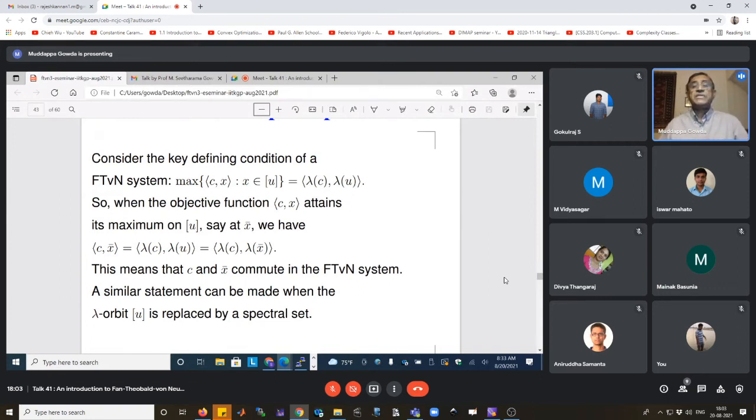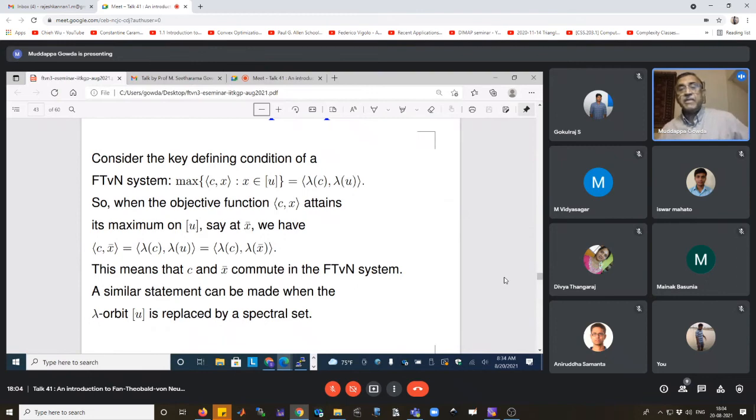When the objective function c dot x attains its maximum on this lambda orbit, say at x bar, then we have c dot x bar equals lambda c dot lambda u, but lambda u is the same as lambda of x bar. So you see that c dot x bar equals lambda c dot lambda of x bar. This means that c and x bar commute in the FTVN system. So built into this third condition of the FTVN system is this commutativity condition.